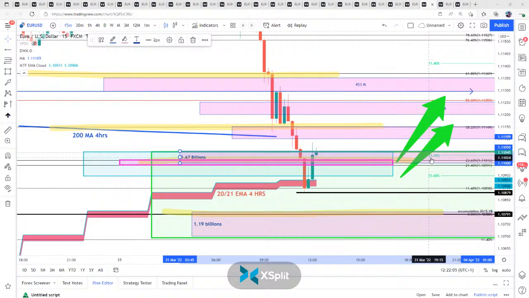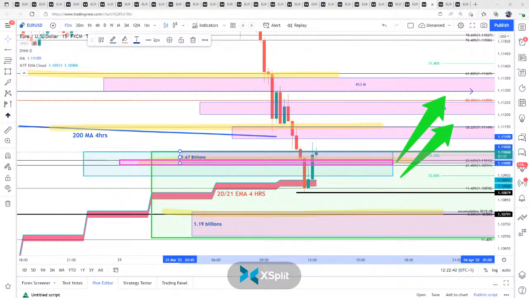Stop is 111.424. Let me make sure I'm not wrong. Okay, so we'll see if we can get some action or reaction on this move.